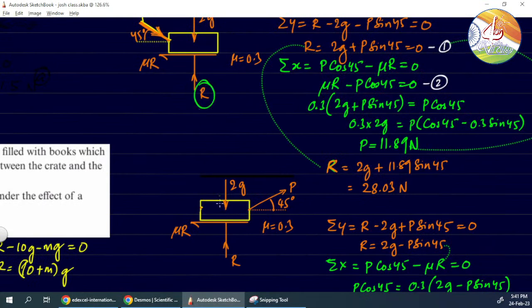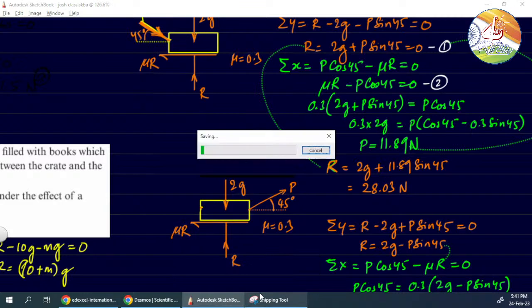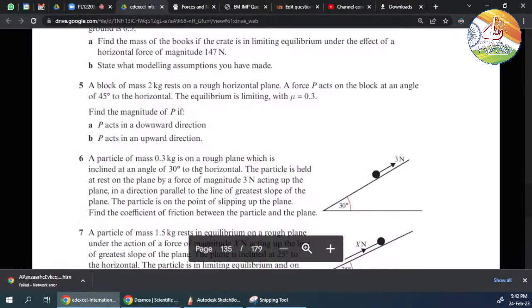If R is more, friction will be more. When you are pushing it downwards, R will increase, but when you are pulling it upwards, R will decrease. So as R decreases, friction will also be less, and hence the required force will also be less. That is the explanation.